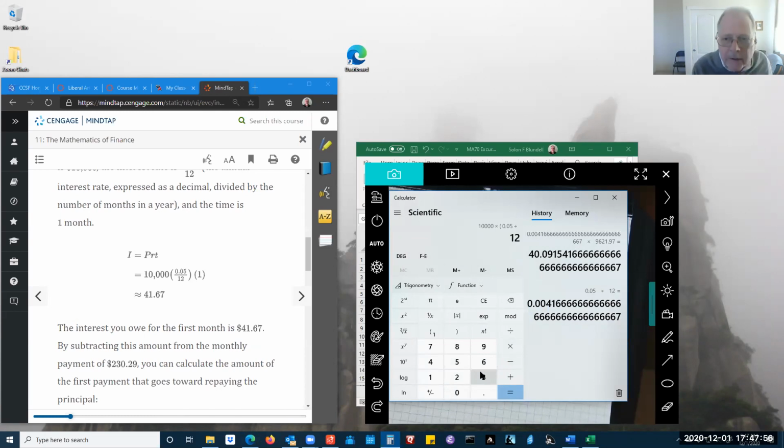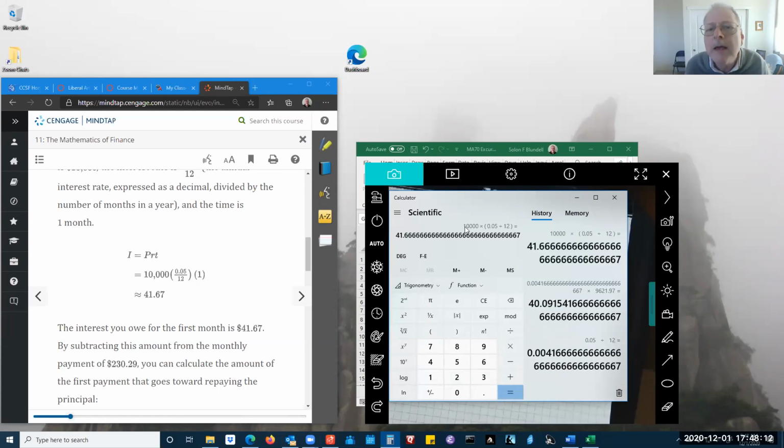You don't round off the 0.05 over 12. If you work out the interest rate and then round it off, that's not the right thing to do. What you do is you go ahead and finish out the multiplication. You do the 10,000 times 0.05 over 12. You get the final number.